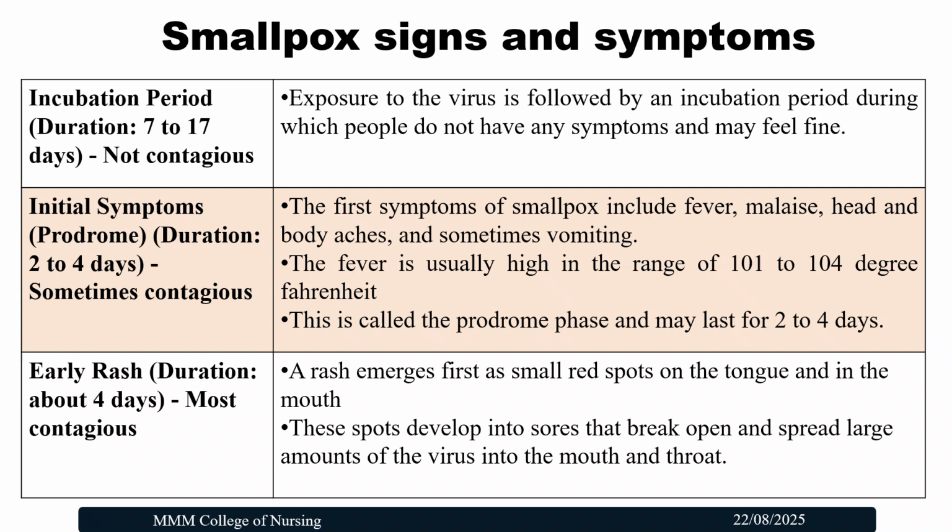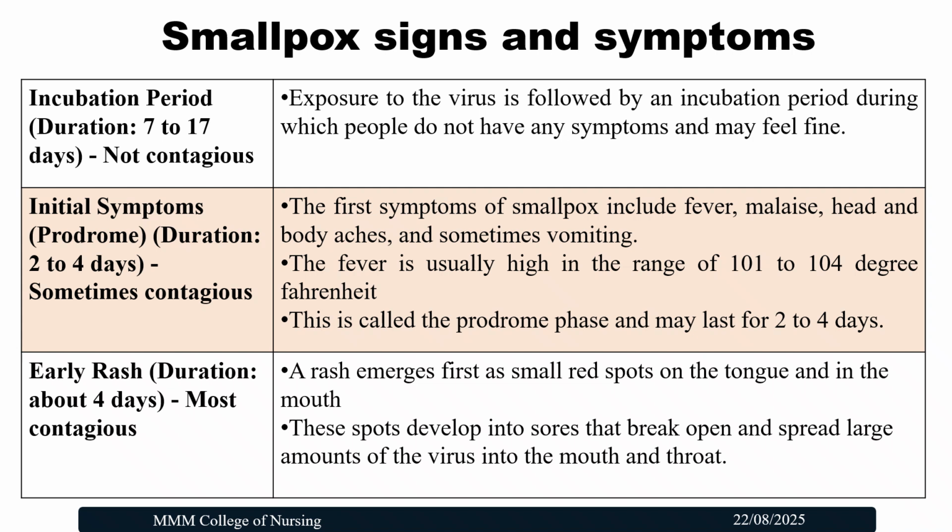Let's see the signs and symptoms of smallpox. The first phase is the incubation period. Duration is 7 to 17 days, and it is not contagious. Exposure to the virus is followed by an incubation period during which people do not have any symptoms and may feel fine. The second phase is the initial symptoms, which means prodrome.